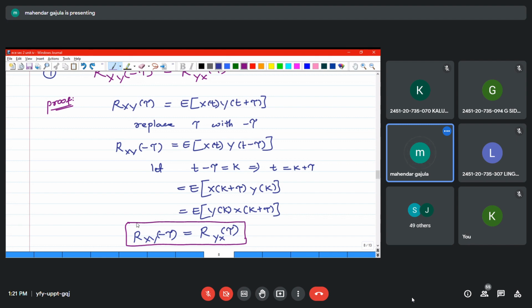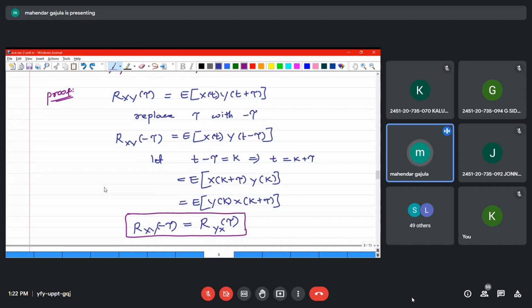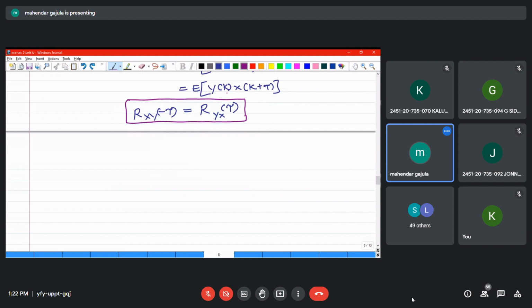So Rxy minus tau equals Ryx tau. This is the first property. Any doubt in the first property?